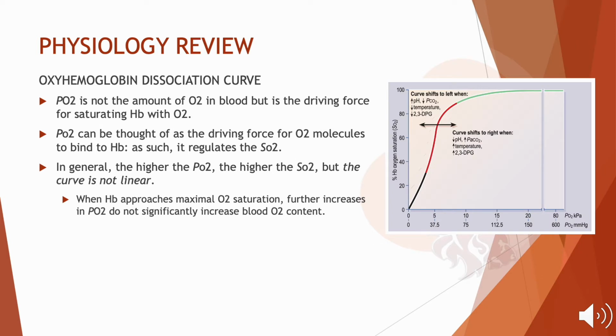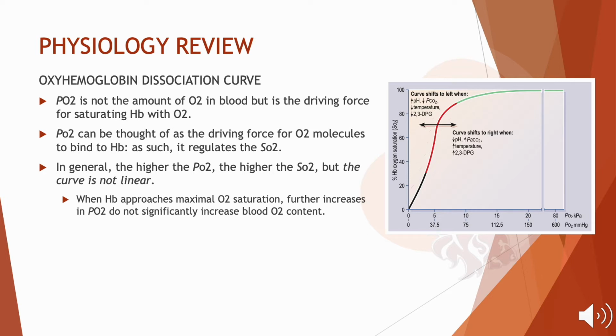Oxyhemoglobin dissociation curve. We now know that the amount of oxygen in the blood depends on the hemoglobin concentration and the saturation of hemoglobin with oxygen. So what is the significance of the partial pressure of oxygen? Partial pressure of oxygen can be thought of as the driving force for oxygen molecules to bind to hemoglobin.